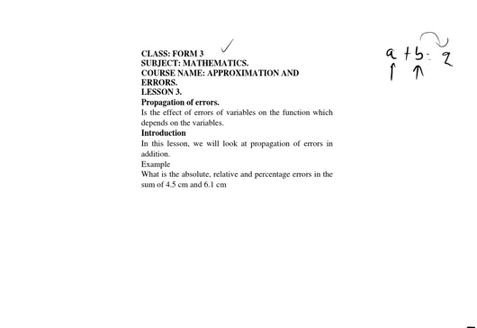In this example, we are expected to find the absolute, relative, and percentage errors in the sum of 4.5 centimeters and 6.1 centimeters. So the two measurements are 4.5 and 6.1. It is important first to get the range within which the two measurements lie.